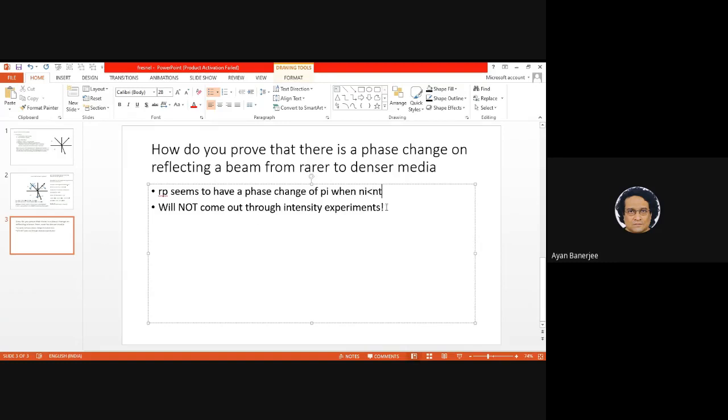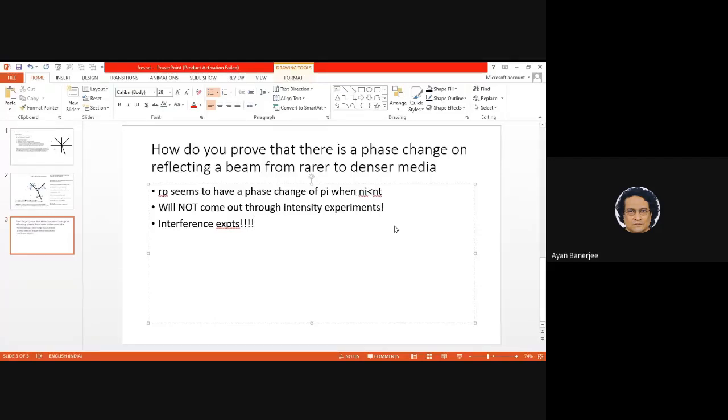It will not come out in intensity. The only way is, as Priyanut said, interference experiments. And what interference experiment have you seen where this is a very critical part?